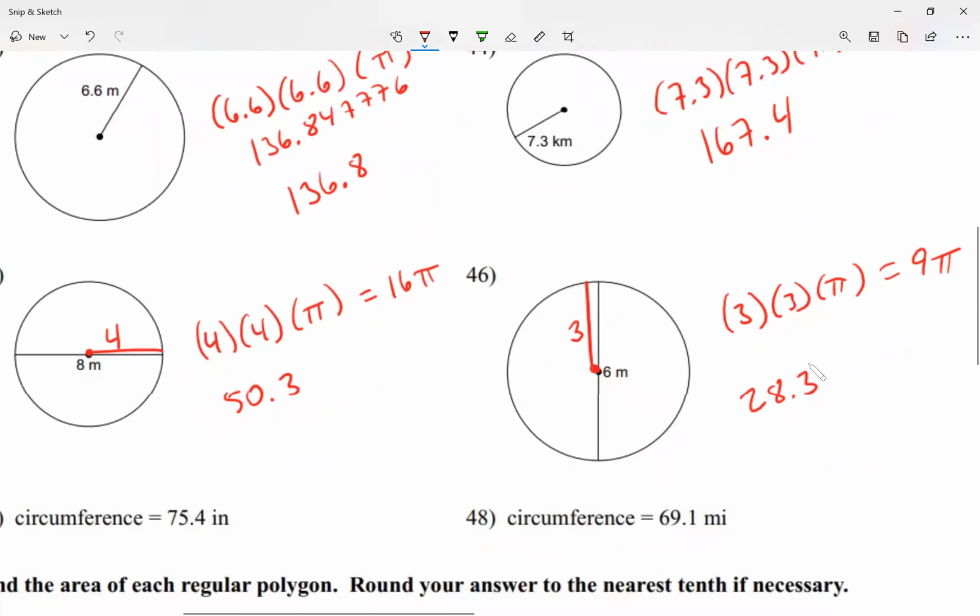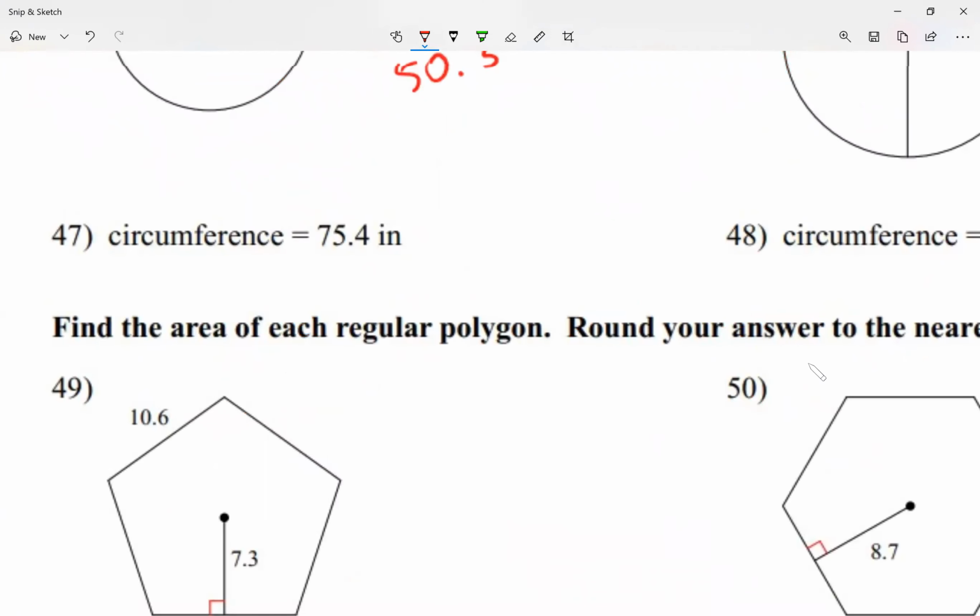Now, let's take a look at number 47, circumference. Okay. So I have a circumference. Now, circumference in reality is the distance around the circle. I need the radius. I don't need the circumference. But the circumference is going to be diameter times pi.